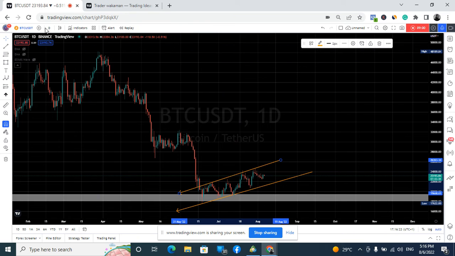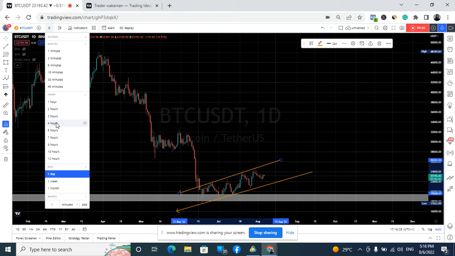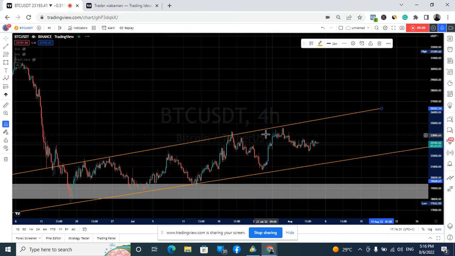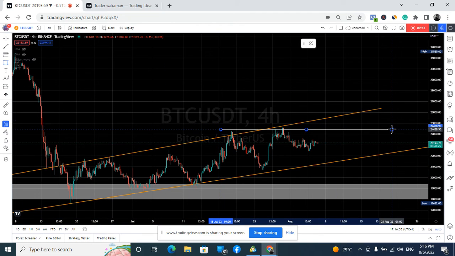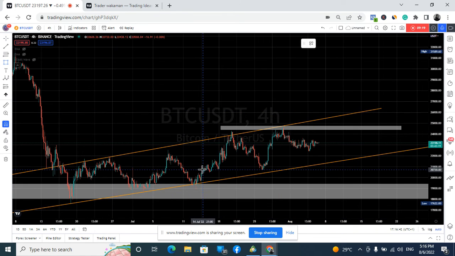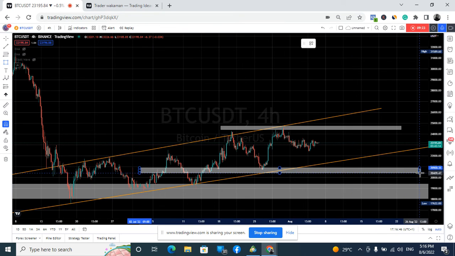If you still go to a lower time frame, you see that the market is actually ranging around this zone. So to trade the market, you need to be very careful. You need to be very, very careful, because if you want to trade BTC, either buy or sell, you need to know exactly what you are doing.